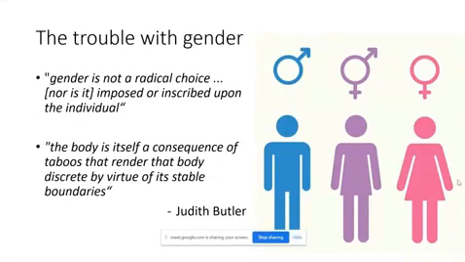So here I would like to take you to something similar, to simplify this, because again, Butler is another very difficult theorist to understand. If you look at her second quote also, it's a little obscure. The body is itself a consequence of taboos that render that body discrete by virtue of its stable boundaries.